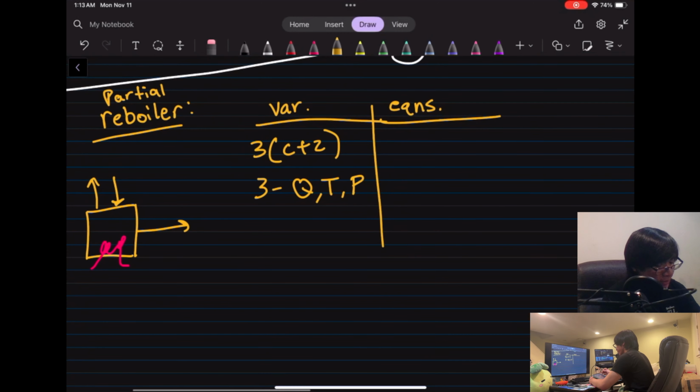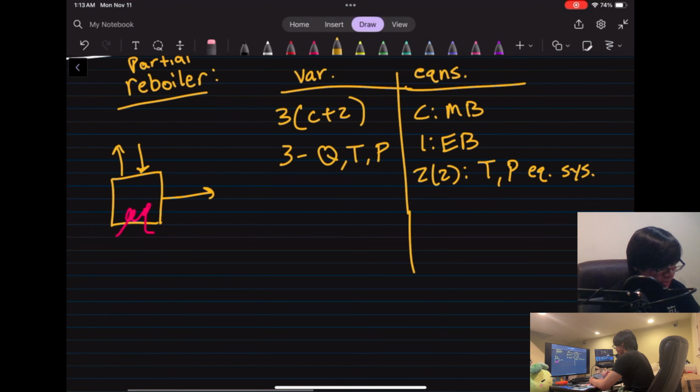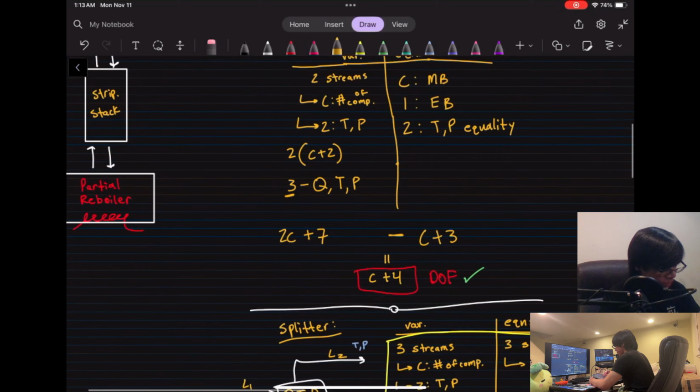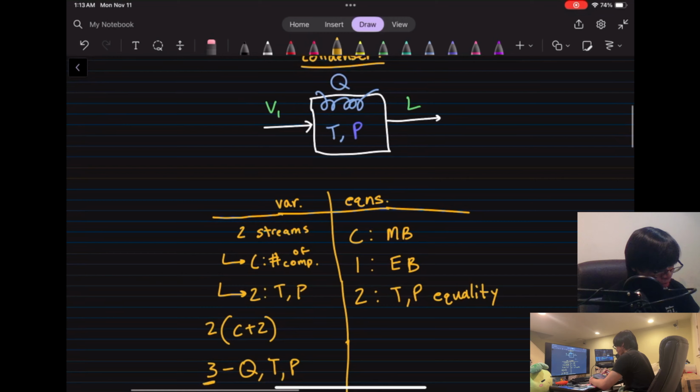But anyway, with our equations, we have, again, our material balance, our energy balance, our outlet streams. So we have 2 of them, so that's 2 times 2 is 4. Remember, outlet streams have a temperature and pressure equality in our system. And then here is important because we didn't do this in the condenser, I believe, which is right. The condenser doesn't have an equilibrium relationship.